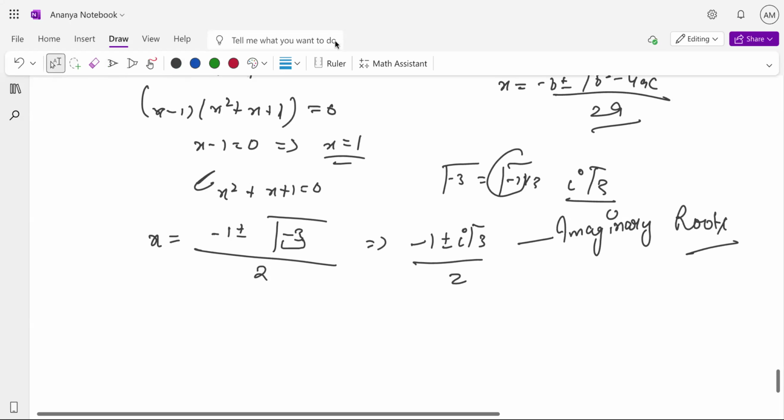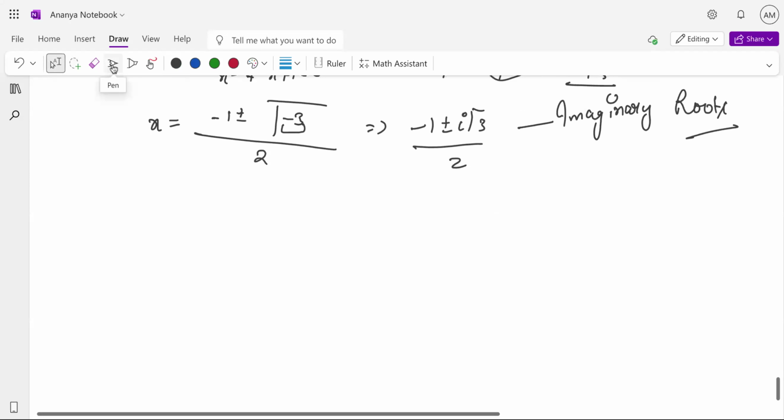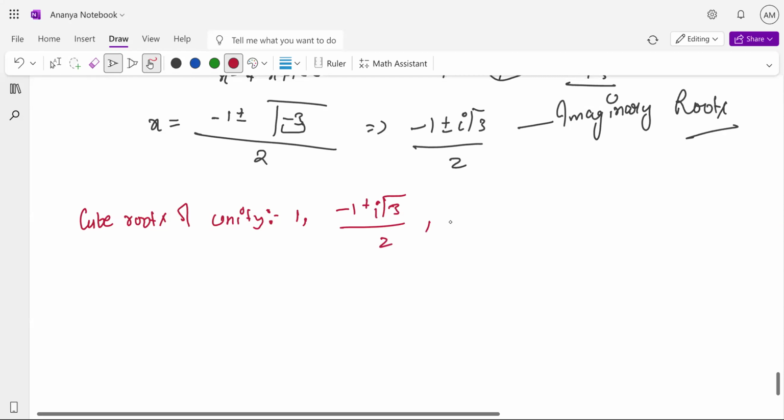Now, if I ask you what are the cube roots of unity, what will they be? They will be 1, minus 1 plus i root 3 by 2, and minus 1 minus i root 3 by 2.